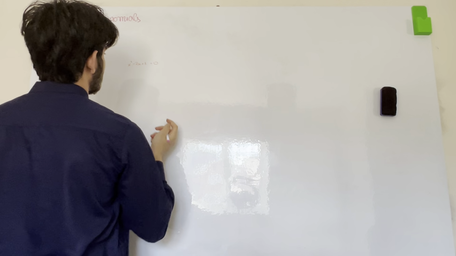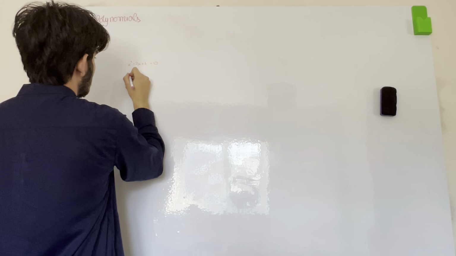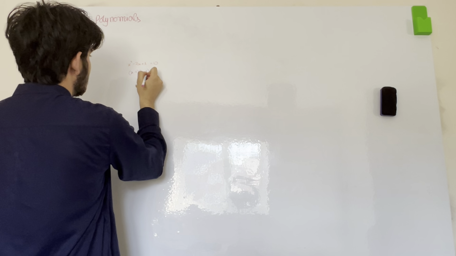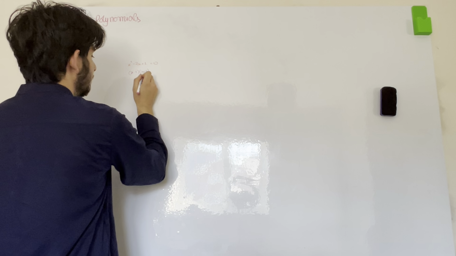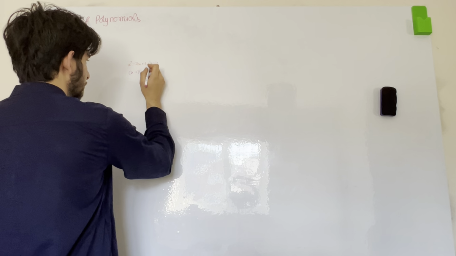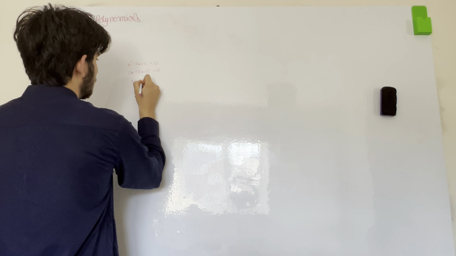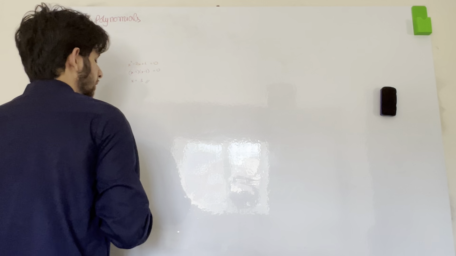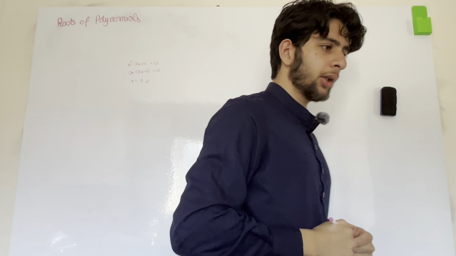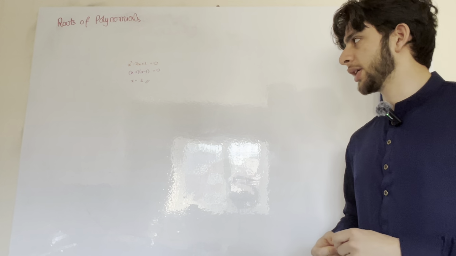So just by factorizing it, what we get is x minus 1 times x minus 1, because these two values add up to minus 2 and multiply to 1, which equals 0. So x will equal 1. This is just a single root, or rather a repeated root for this quadratic.